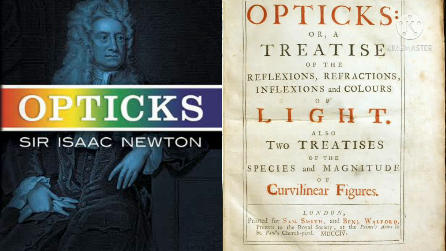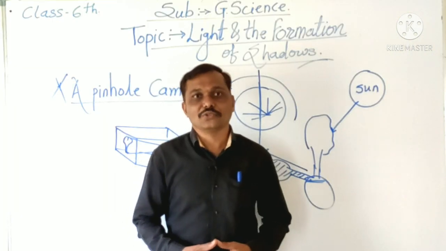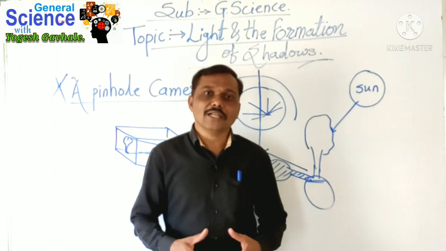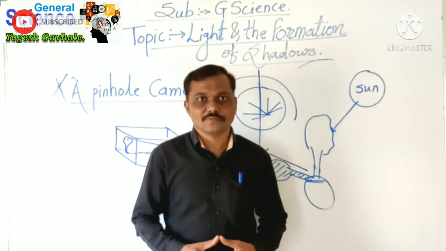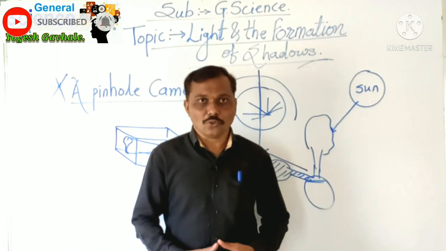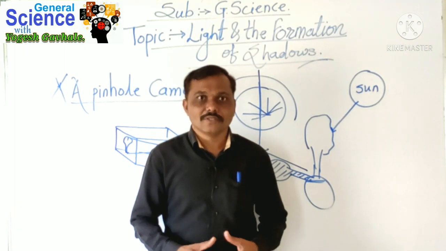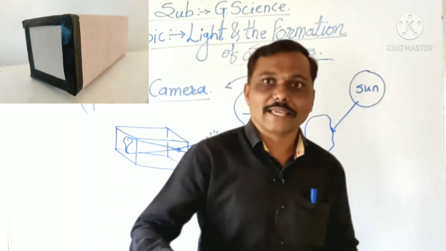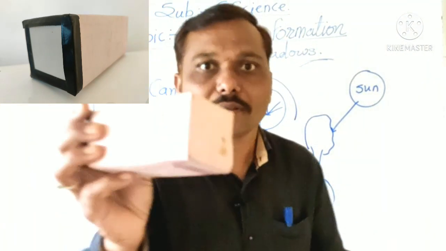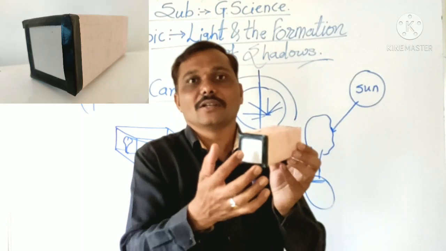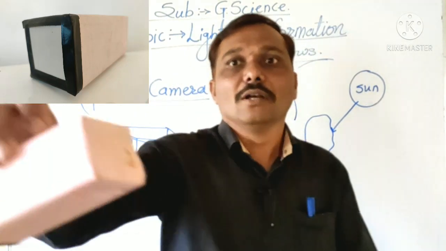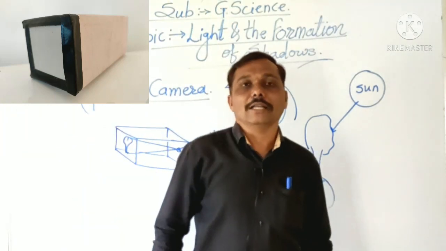Okay, so that's it for today. In this lesson, we learned about different things. We learned about the pinhole camera. In the diaphragm of the pinhole camera we see an inverted image because of the linear propagation of light.